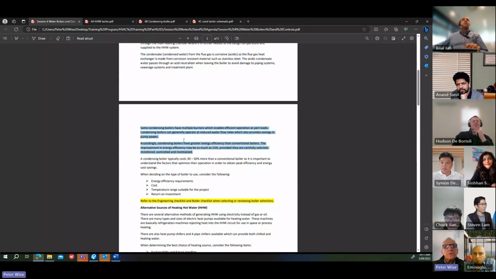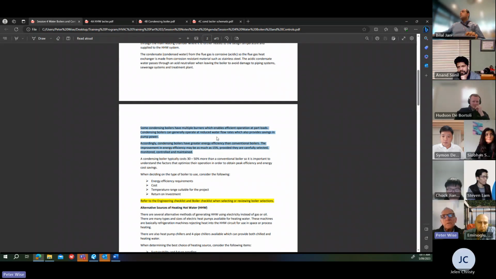Some condensing boilers have multiple burners, which enables efficient operation at part loads. Condensing boilers can generally operate at reduced water flow rates, which also provides savings in pump power. So the conventional boilers tend to have a fixed flow rate of 100%.